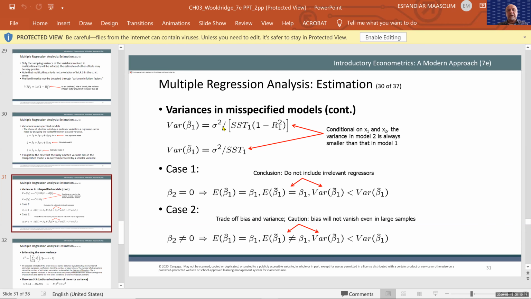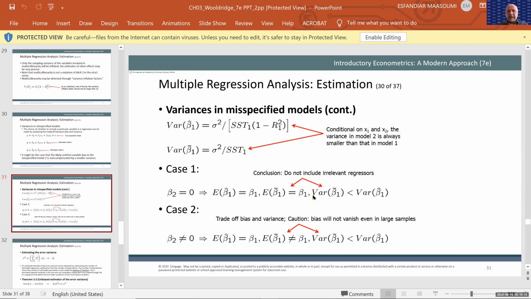Now if you've run a regression of y on x1, x2, you have to adjust this formula by the inflation factor, 1 minus r1 squared, the r squared of regressing x1 on x2.